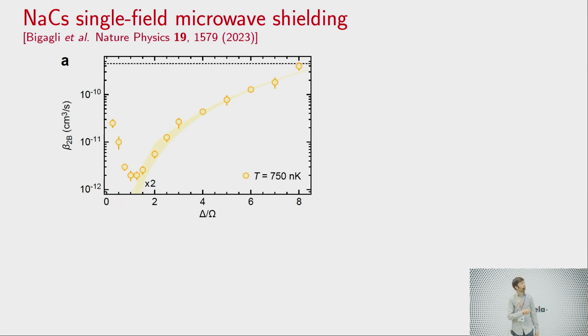And when you do that, you see some sort of additional loss that isn't described by that two-body calculation. And so we think, and I will show something in a few slides, that this might be due to 3-body recombination. And the additional hint is the temperature dependence here, which is very different for this additional loss compared to the 2-body loss.